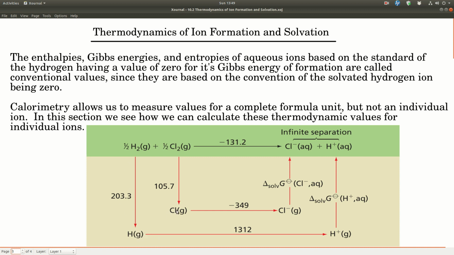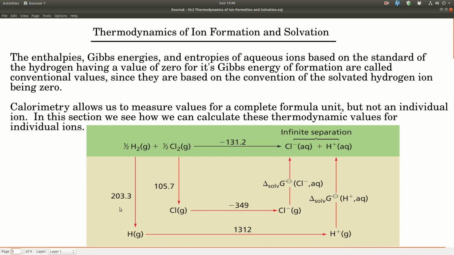Then take these gaseous neutral atoms and make them into ions by adding an electron to chlorine to make chloride, gaseous state still, and removing an electron from the hydrogen atom to form the hydrogen ion in gaseous state still. And then solvating these, taking the chloride ion in the gaseous state and dissolving it in water. Same thing for the hydrogen ion.